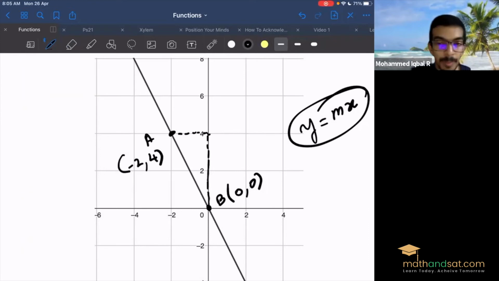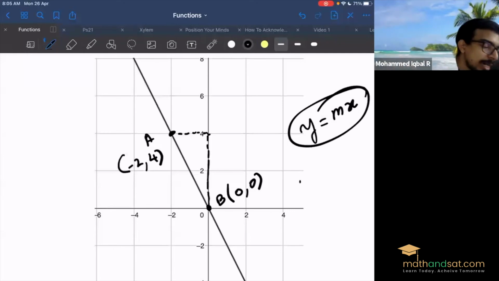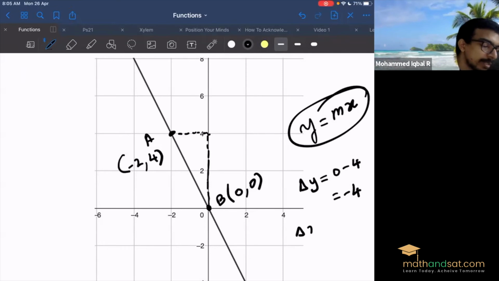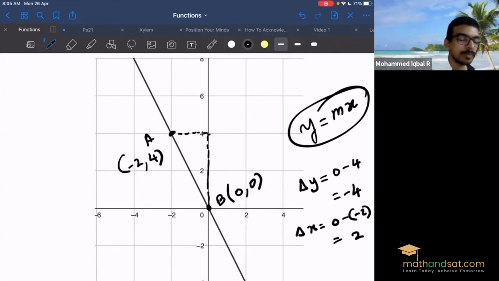When you're traveling from A to B, your vertical change is negative 4. Why? Because you're going from 4 to 0. The value is decreasing. Delta y is 0 minus 4, which is negative 4. And the horizontal change goes from minus 2 to 0. It increases. So delta x is 0 minus minus 2, which is 2.